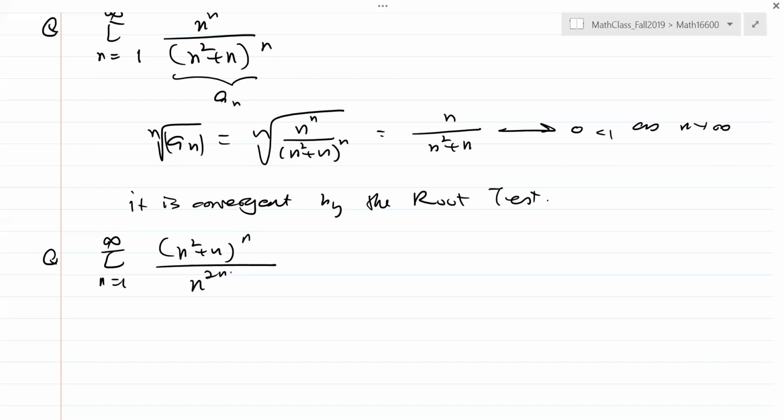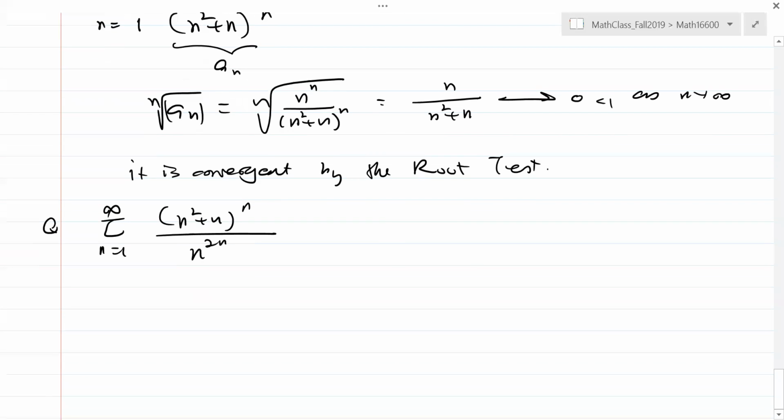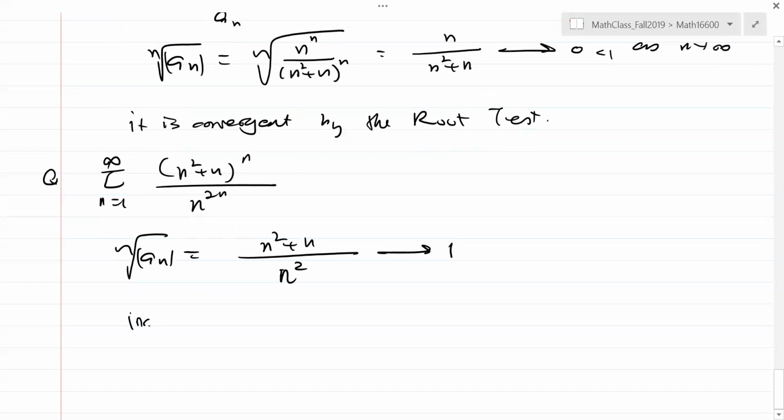Okay, are you done? Divergent or convergent? Some students try to use a ratio test, right? A root test. Okay, the root test, what do you get? After you simplify, it's going to be n squared over n squared plus n. So the limit is what? Inconclusive. Yeah, inconclusive. So the root test does not work.